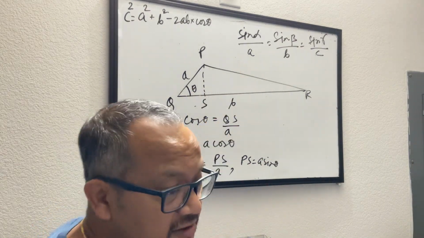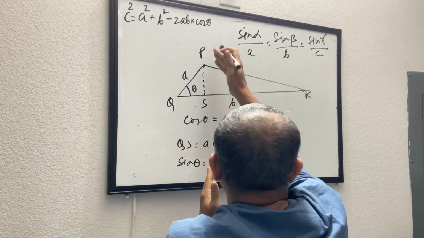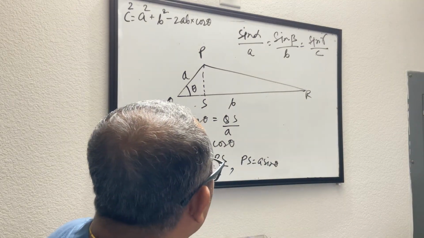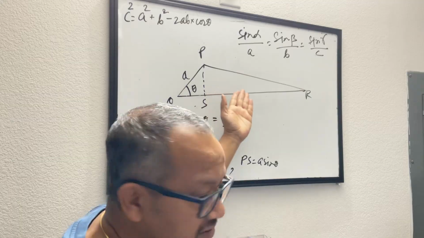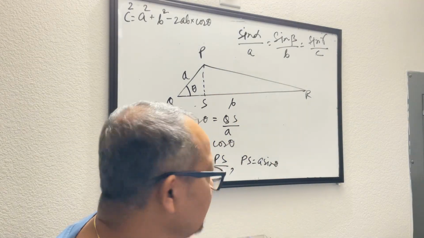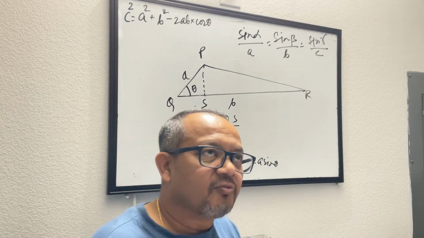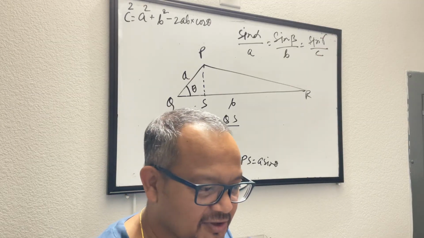Now let's go to the other side of the triangle. This right angle triangle, PSR. Interestingly, we don't know any of the angles here, except the fact that this is a right angle. That's it. But we all have one uncle since our childhood days, and his name is Pythagoras.